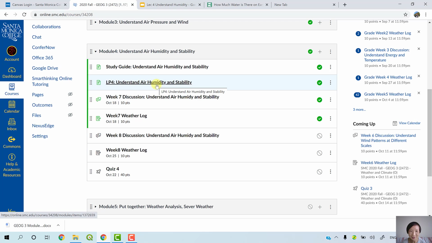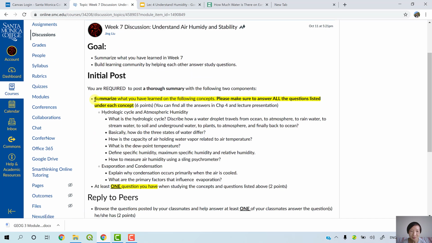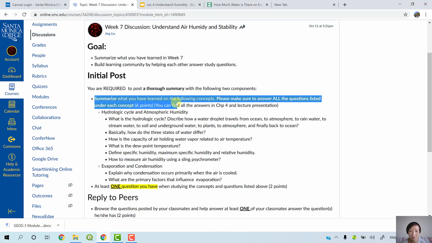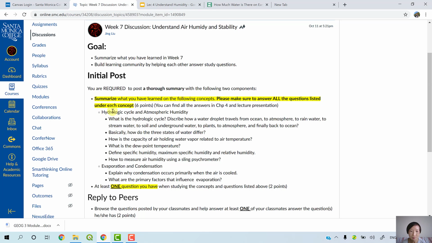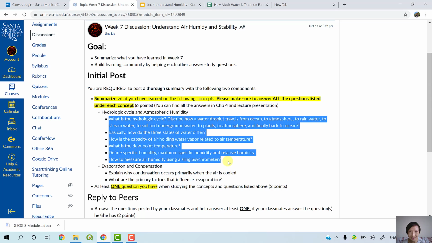In a minute, I will start presenting the lecture, and then show you what you need to focus on in each slide. And for this week's discussion, same thing. You first need to summarize, but only the first 2 bullet points in my lecture presentation, and make sure in your summary to answer all the questions here.